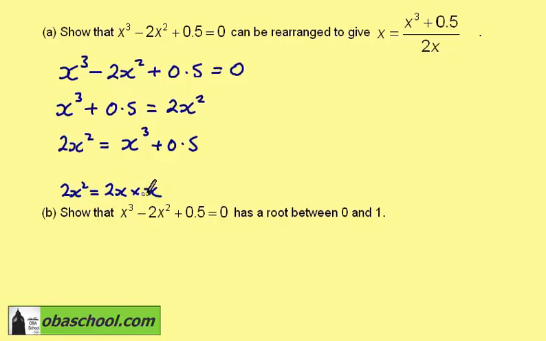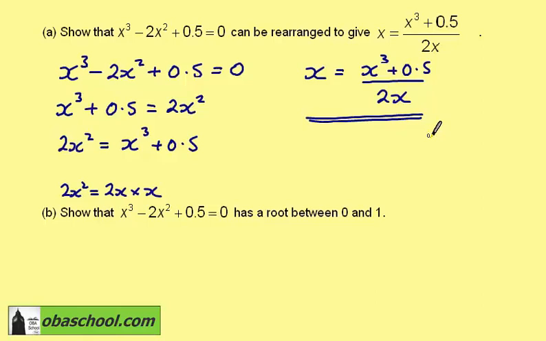So if we divide both sides by 2x, the left-hand side just gives us x, and the right-hand side is x cubed plus 0.5 divided by 2x, as required.